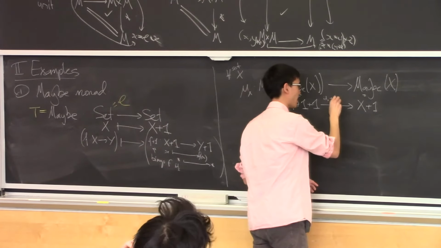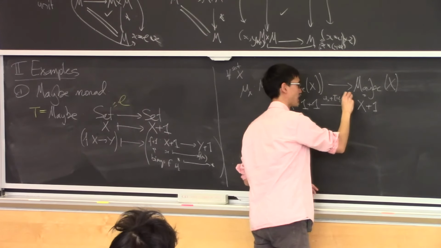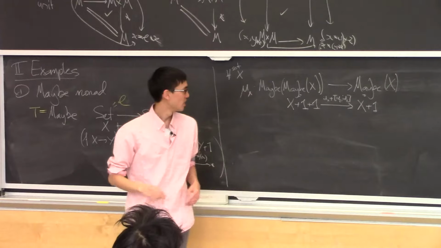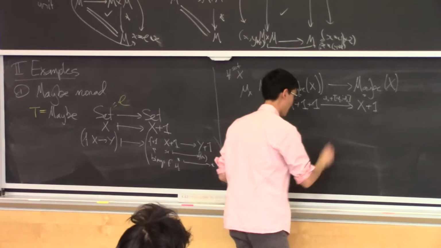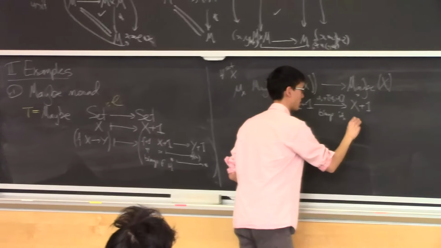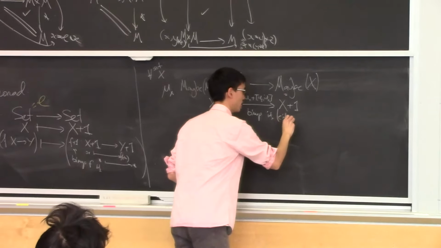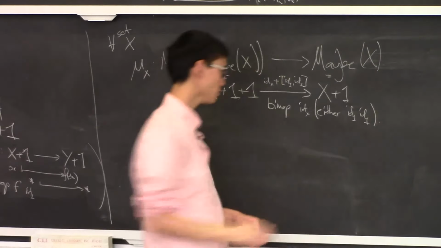So I'm going to write that identity on x plus identity on 1, co-paired, you might say, with the identity on 1. If you were writing this in Haskell, this is going to be bimap identity on x, and then either identity on 1, identity on 1.